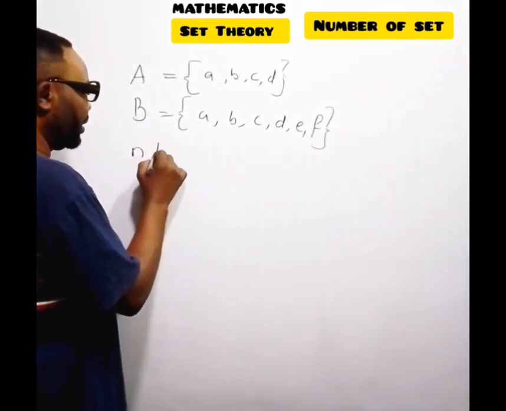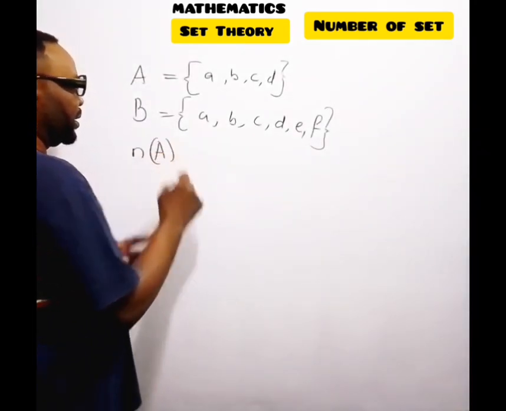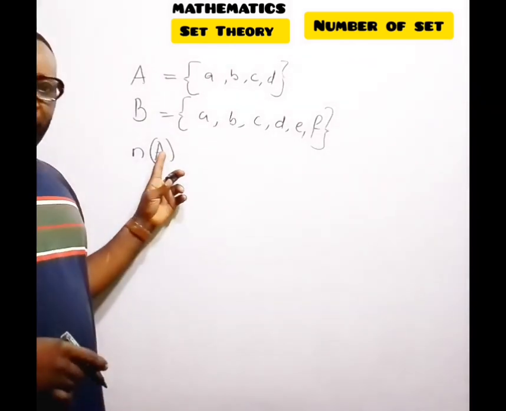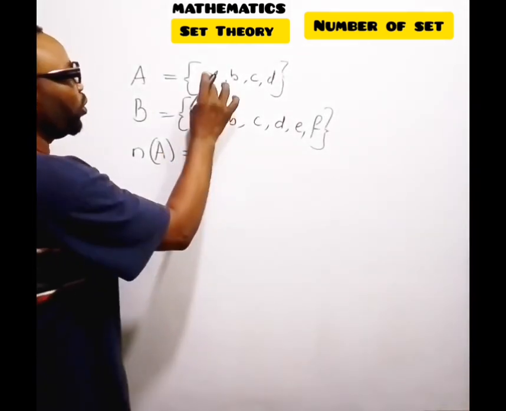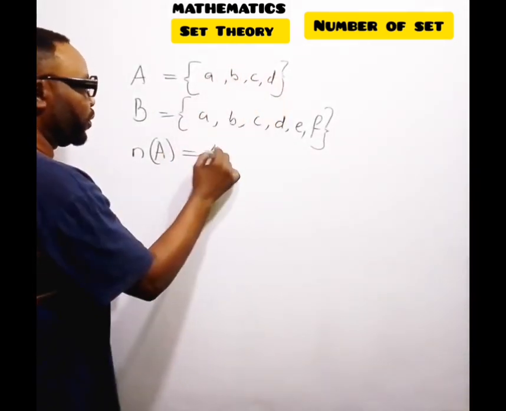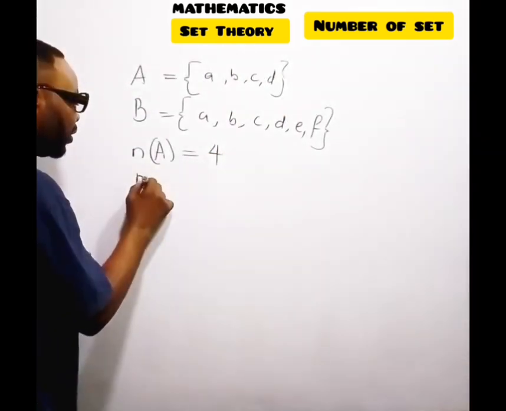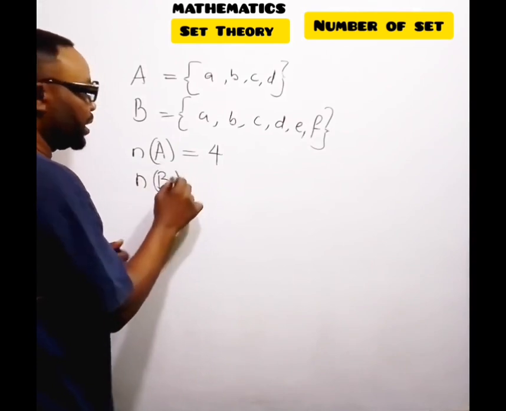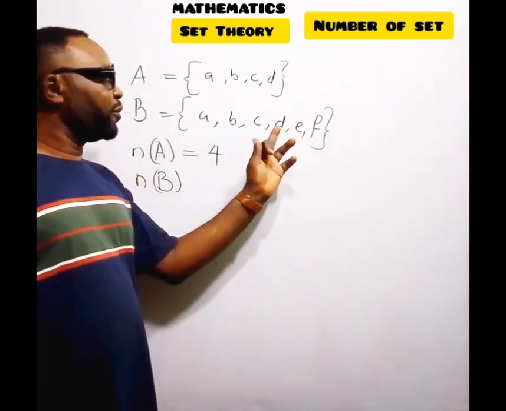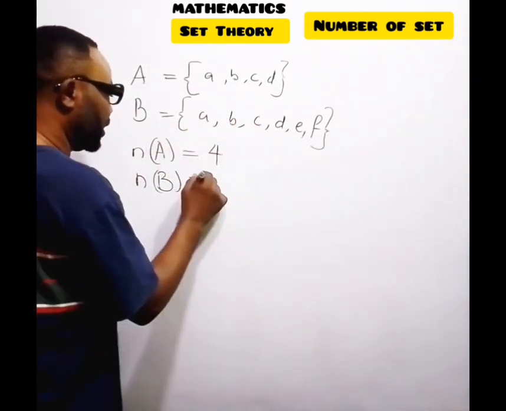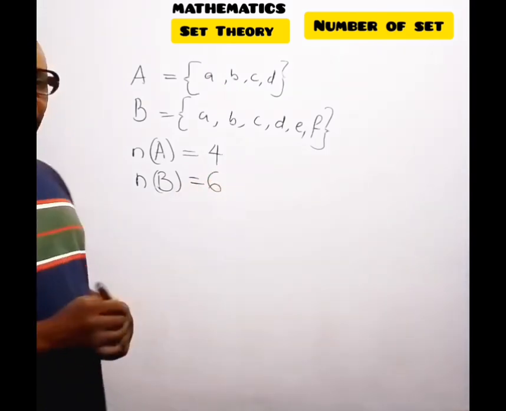The number of elements in set A, that is n(A), is 1, 2, 3, 4, which is 4. The number of elements in set B is 1, 2, 3, 4, 5, 6, which is 6.